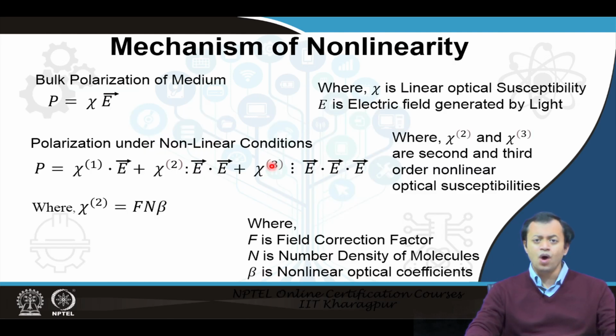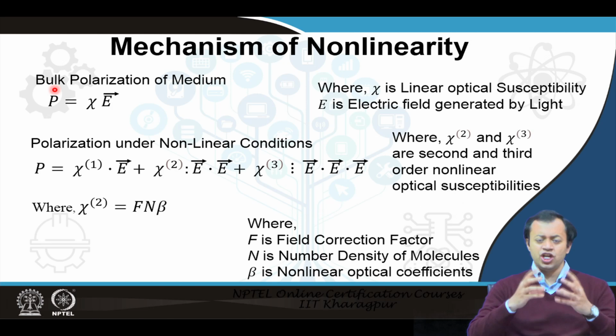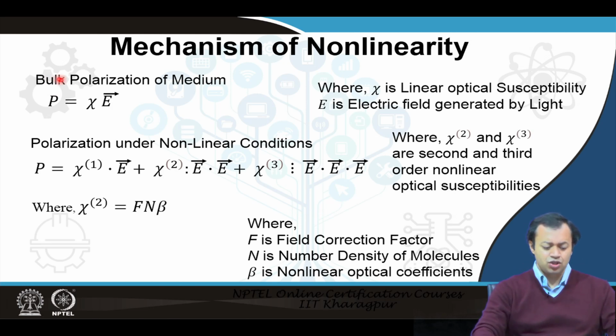So, what exactly is the mechanism of nonlinearity? In a bulk polarization medium, a normal material, the polarization is given by this particular formula. The polarization of the material, i.e. how the material will modify in the presence of a strong electric field, is given by this formula, where chi is the linear optical susceptibility.